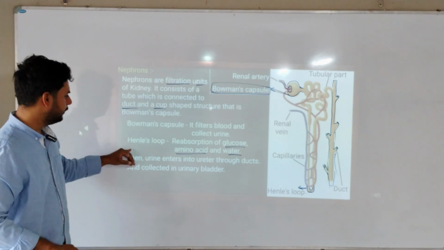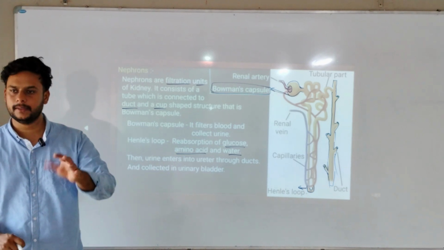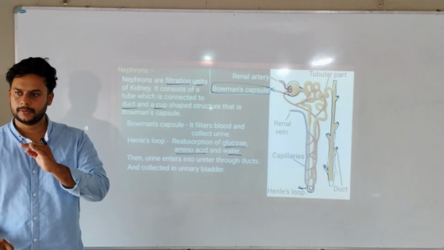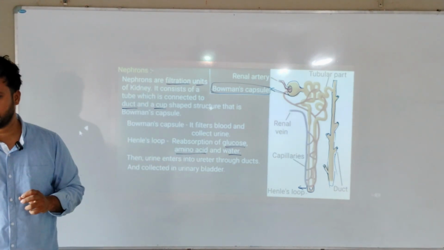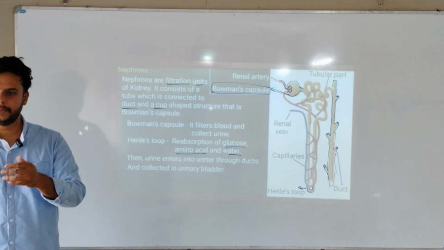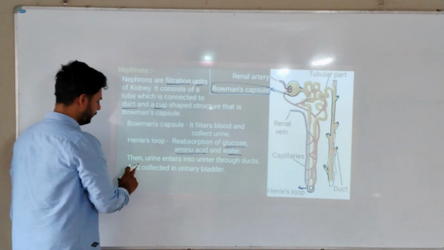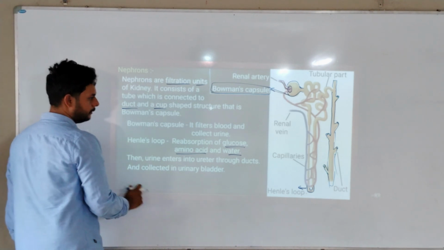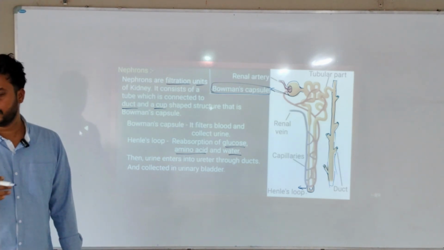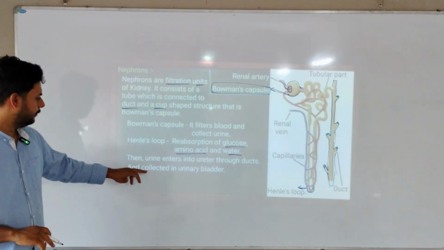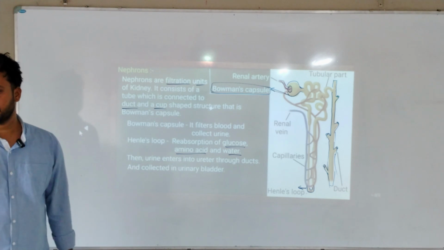Henle's loop will reabsorb whatever minerals, glucose, amino acids and water are there, and some waste is still left over. Last, the remaining waste is sent, and then urine enters the ureter through the ducts. This is the duct; all the waste goes into the duct and is collected in the urinary bladder. From there it is connected to the urinary bladder. Urinary bladder stores urine.